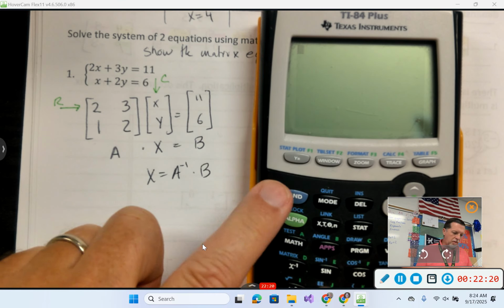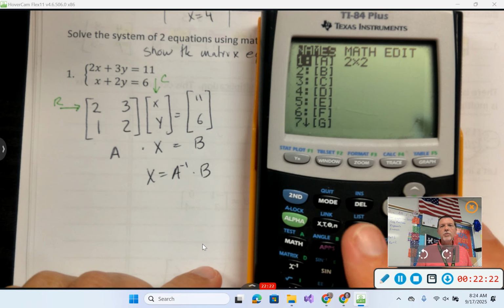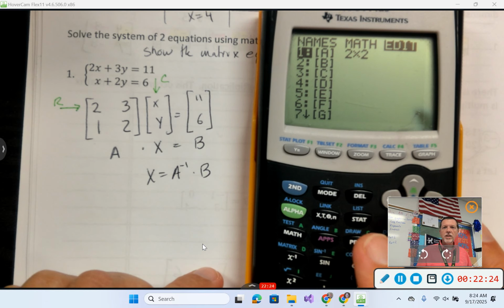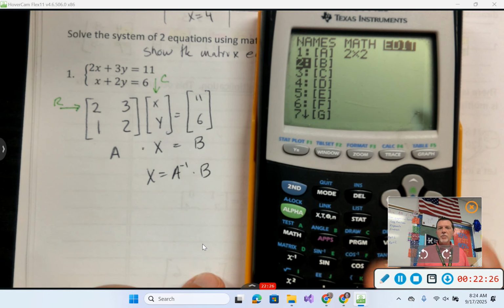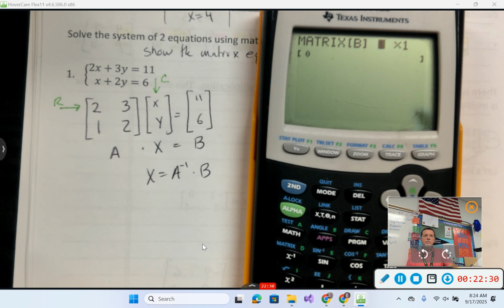So same steps, second matrix. I want to edit a matrix, but now I want to edit matrix B. So enter on B. And let's say you forgot if this was a 2 by 1 or a 1 by 2. Type in 1 by 2, and does that look right?